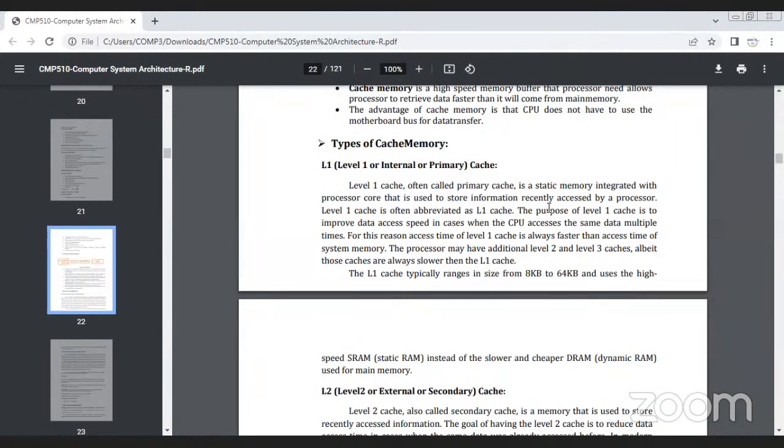So cache memory में भी 3 टाइप के मेमोरी हैं। Level 1 which is also known as an internal cache memory or a primary cache, and that memory is a static memory integrated with a processor core, and that is used to store information recently accessed by the processor. Okay, so this is a level 1 cache.